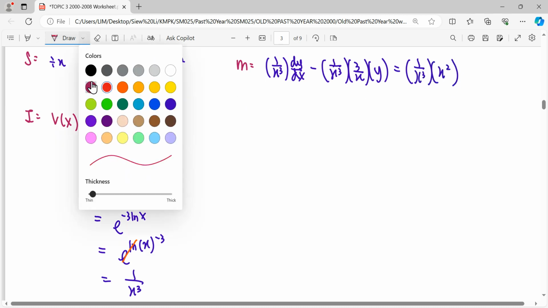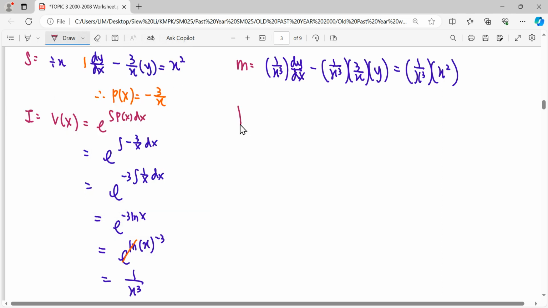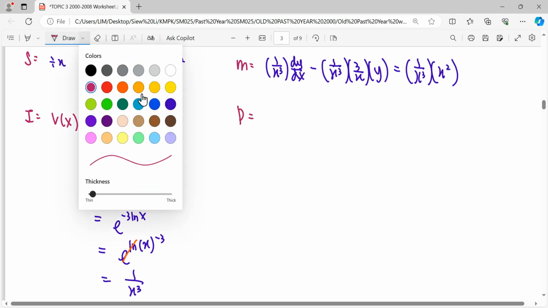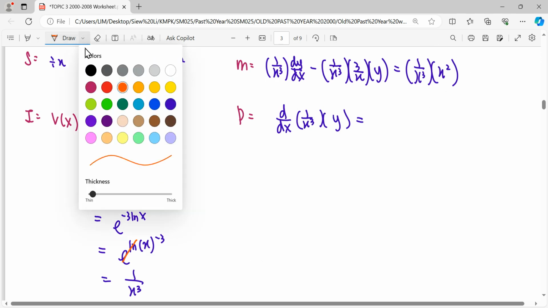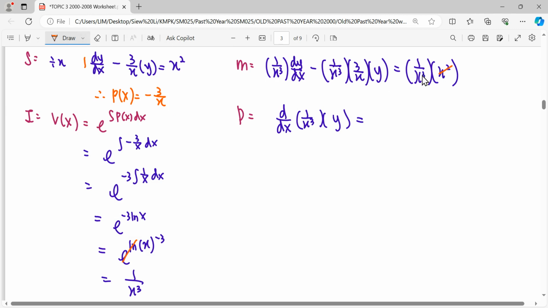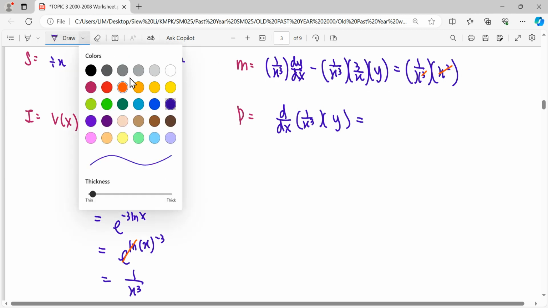After rewriting the multiplication, then we write the product rule. The product rule in the formula will be d/dx of v(x) times y, where we know that our v(x) we found just now is 1 over x cubed. Then for the right hand side here, we can simplify. The simplest form will be 1 over x.